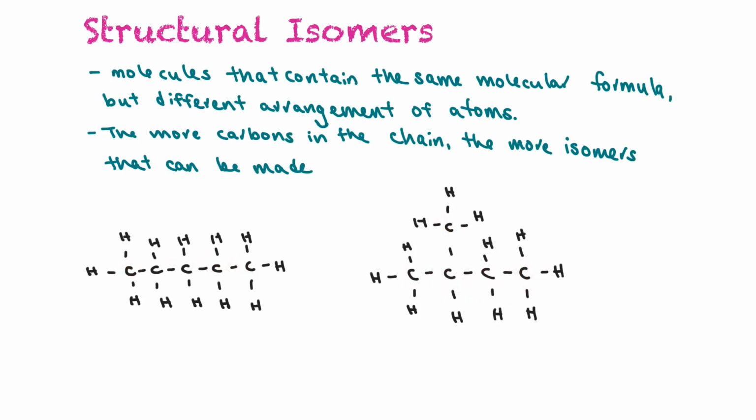And then 1, 2, 3, 4, 5, 6, 7, 8, 9, 10, 11, 12 hydrogens. This is 2-methylbutane, and it has the same molecular formula as pentane, but a different arrangement of atoms. So their structural formula is different. Their properties are going to be different as well. That's what a structural isomer is.